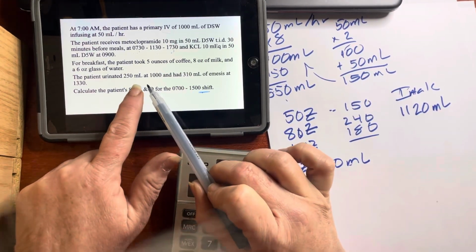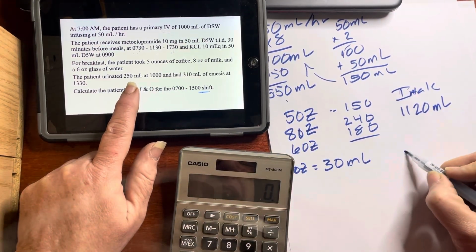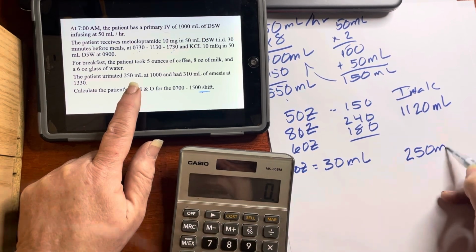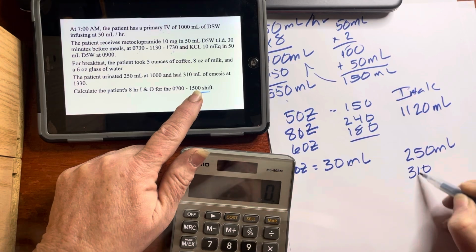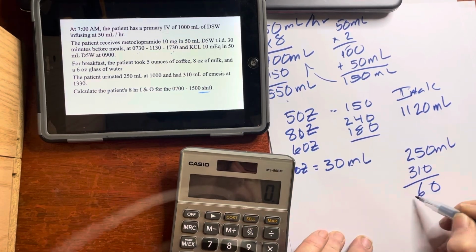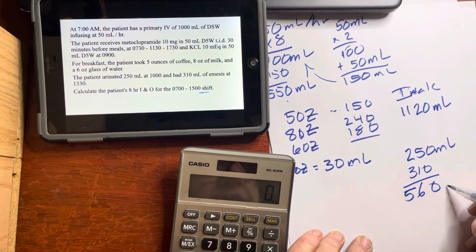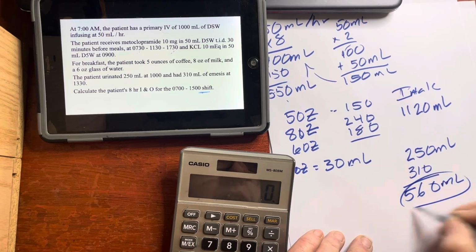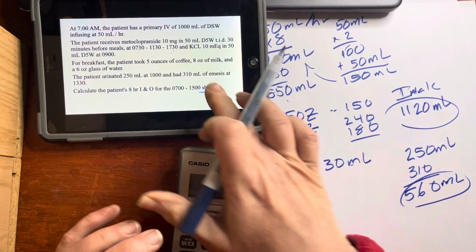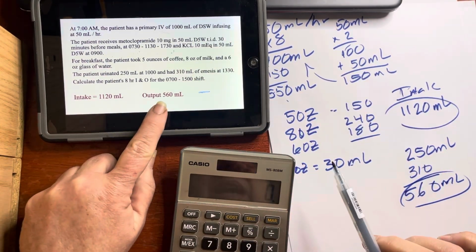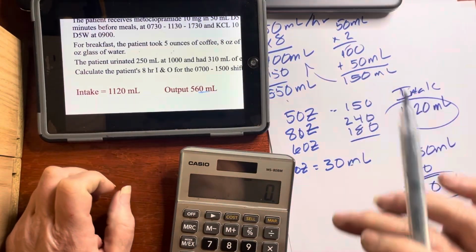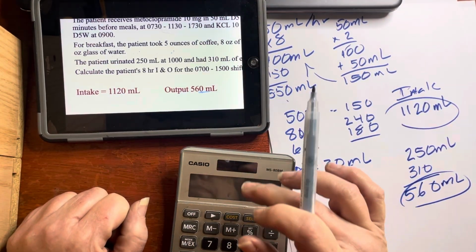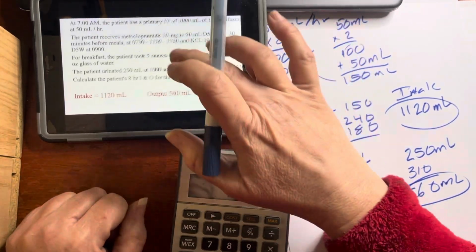And then it said the patient urinated output is 250 milliliters, and then he had 310 of emesis. So 560 milliliters of output and 1120 intake. You see that? I believe you do. Okay.